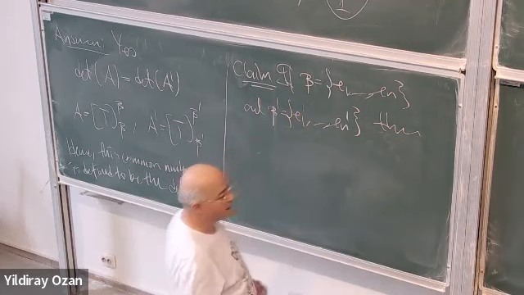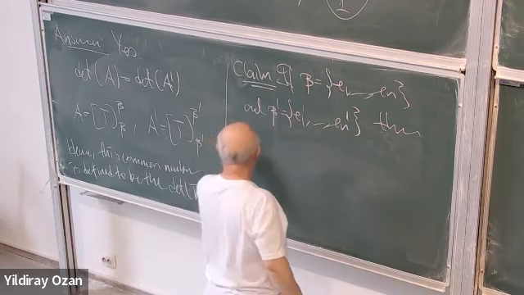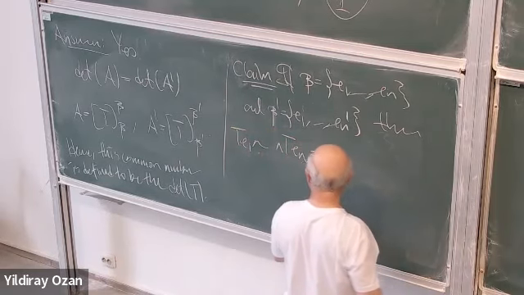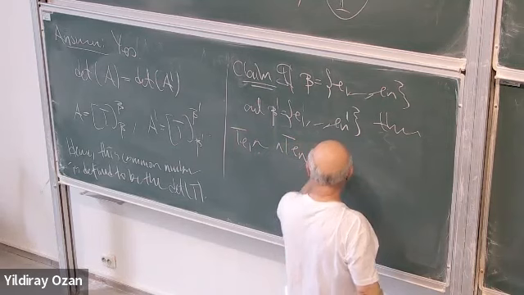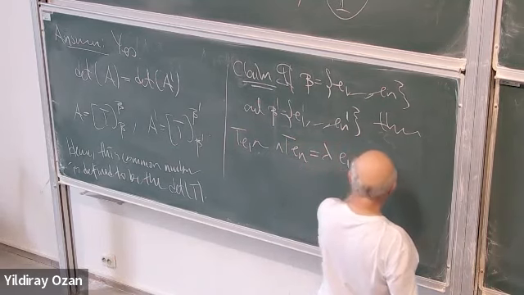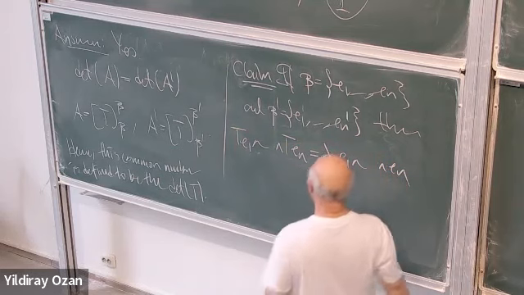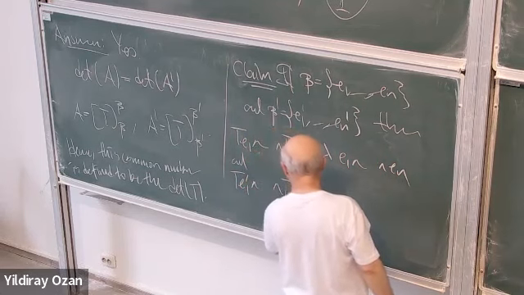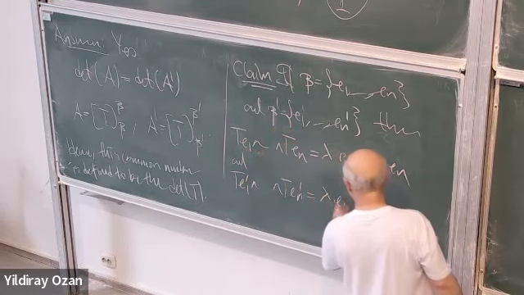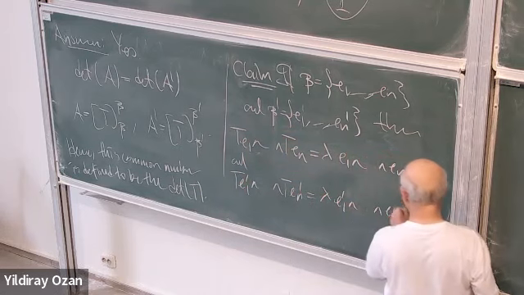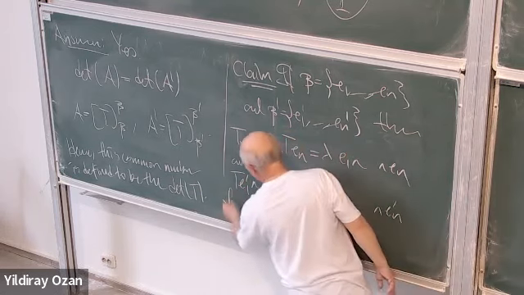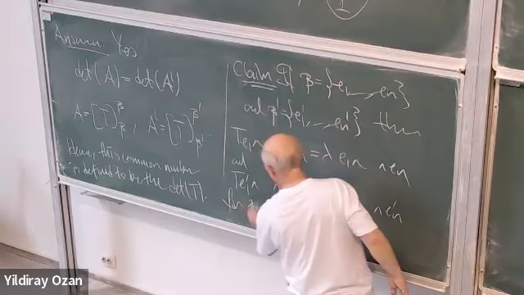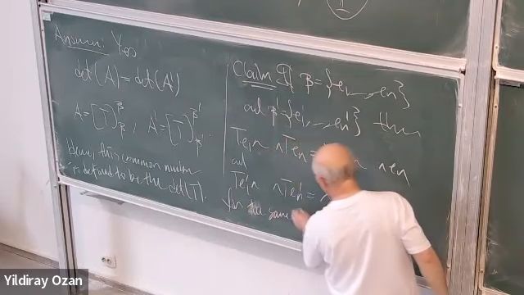If this is the case, then Te1 wedge ... wedge Ten is equal to lambda e1 wedge ... wedge en, and Te1 prime wedge ... wedge Ten prime is equal to lambda e1 prime wedge ... wedge en prime for the same lambda.